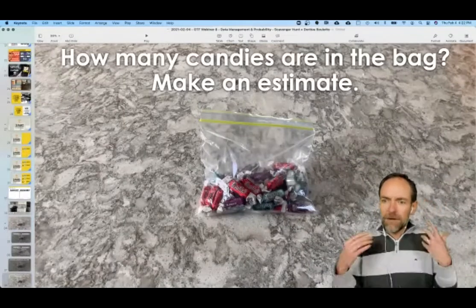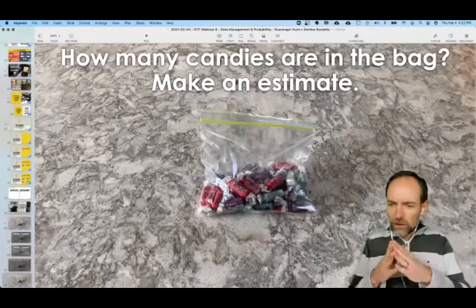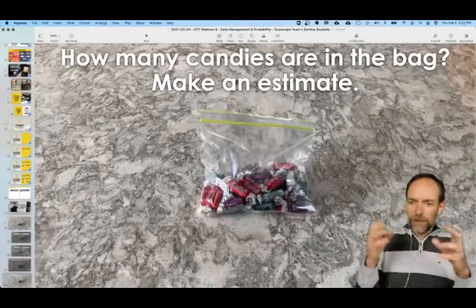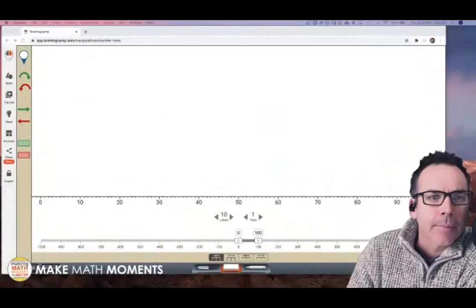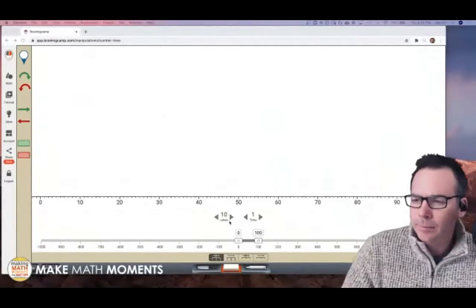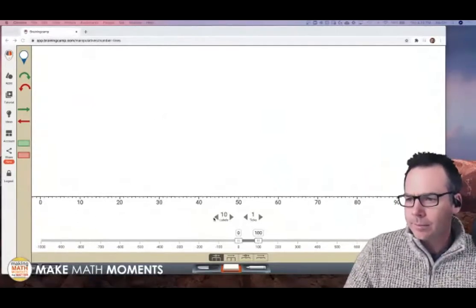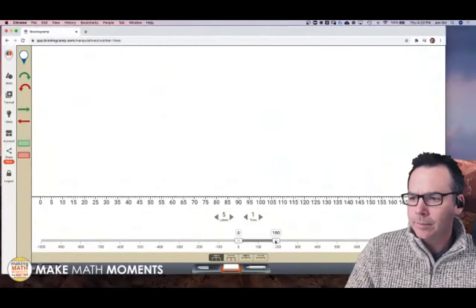And something I'm noticing in the chat is that a lot of these estimates are actually pretty tight. They're pretty close together. I find that as we go through the grades, as we get a little older, a little more experienced with our counting and quantity skills and our spatial reasoning, those estimates tend to get tighter and tighter.